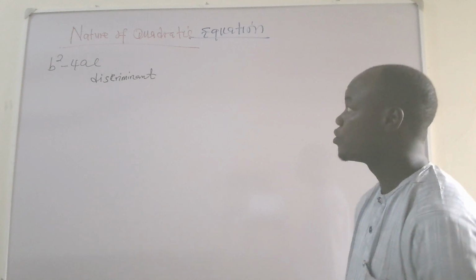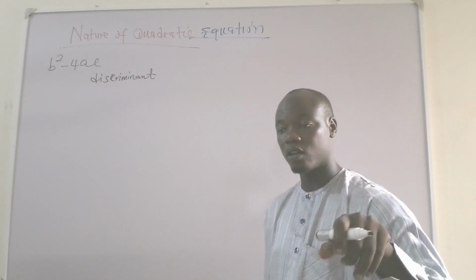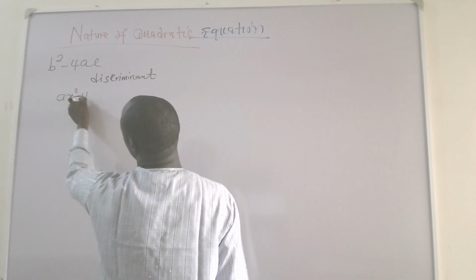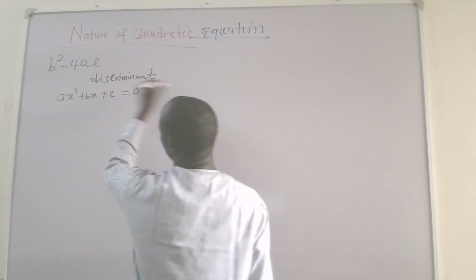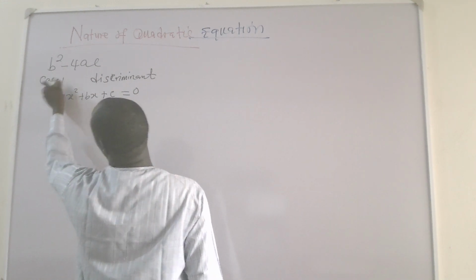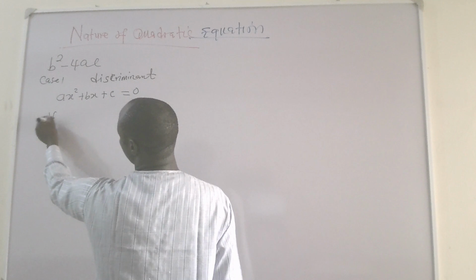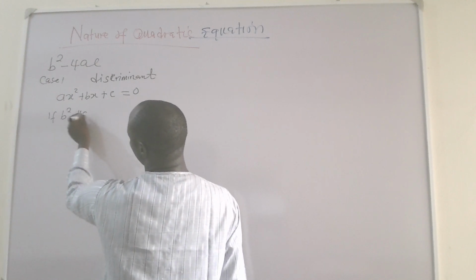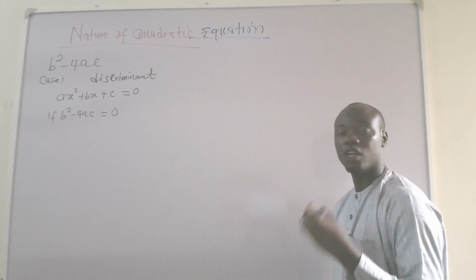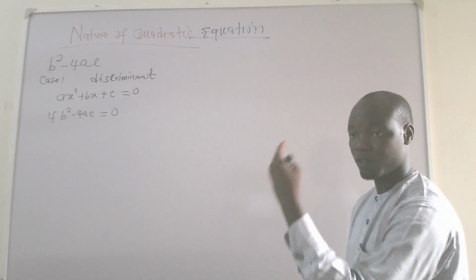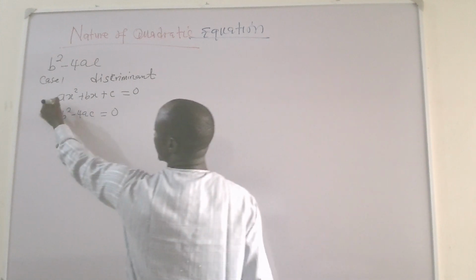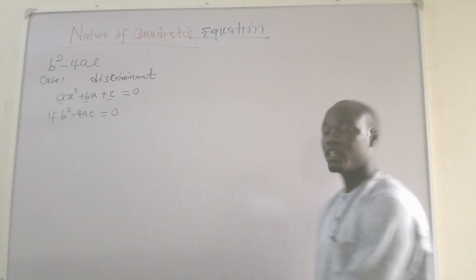Let's say we have a quadratic equation ax squared plus bx plus c is equal to 0. Now in case 1, if b squared minus 4ac is equal to 0, it means that after you look at your quadratic equation, you get the values of a, b, and c from the general quadratic equation.